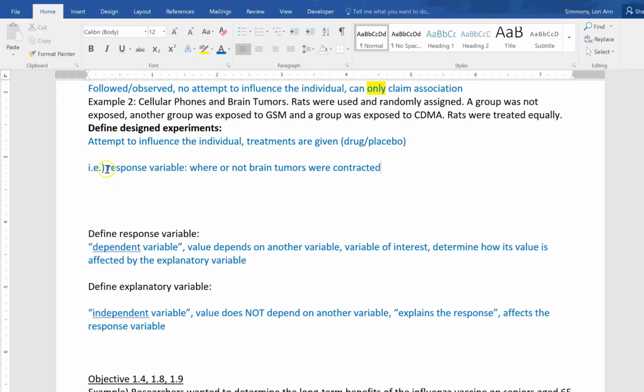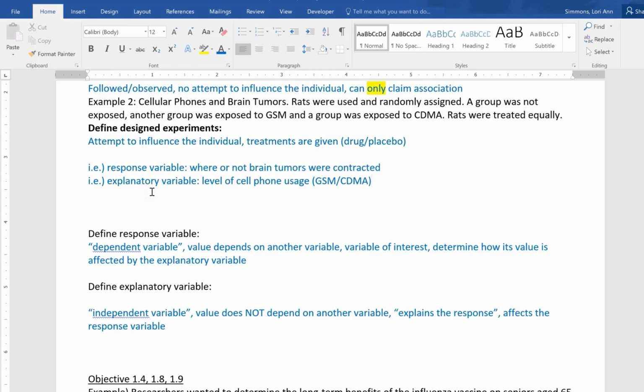So this depends on the independent. So what's the independent? Or your explanatory variable. It is the level of cell phone usage. So GSM or CDMA.